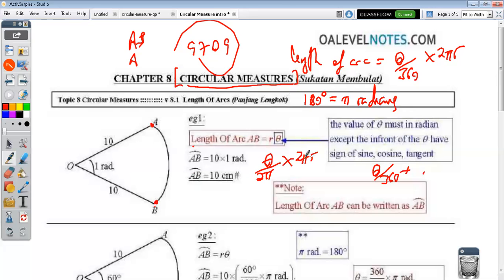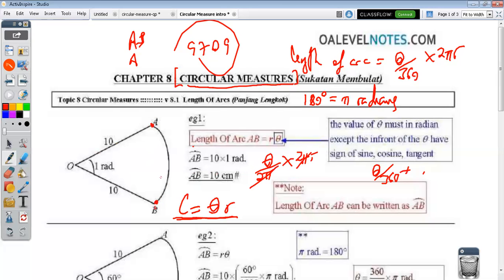If you do that, you cancel the 2 pi, and you find that the length of arc at A-level using radians is simply given by theta multiplied by the radius. So in this case, the radian angle is 1 and the radius is 10, so it's simply 10 centimeters, the length of this arc.